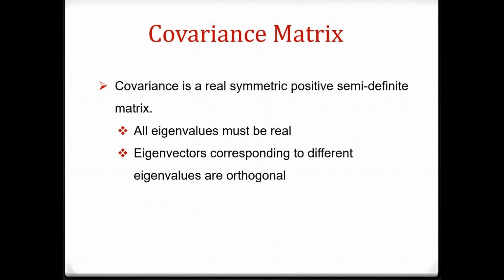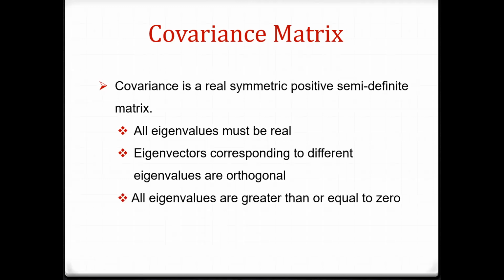Like for lambda 1, if you are calculating EV1, then for lambda 2, if you are calculating EV2, then EV1 and EV2 will be perpendicular to each other. So that's one of the properties of this covariance matrix. Eigenvectors corresponding to different eigenvalues are orthogonal. So eigenvalues are greater than or equal to 0.